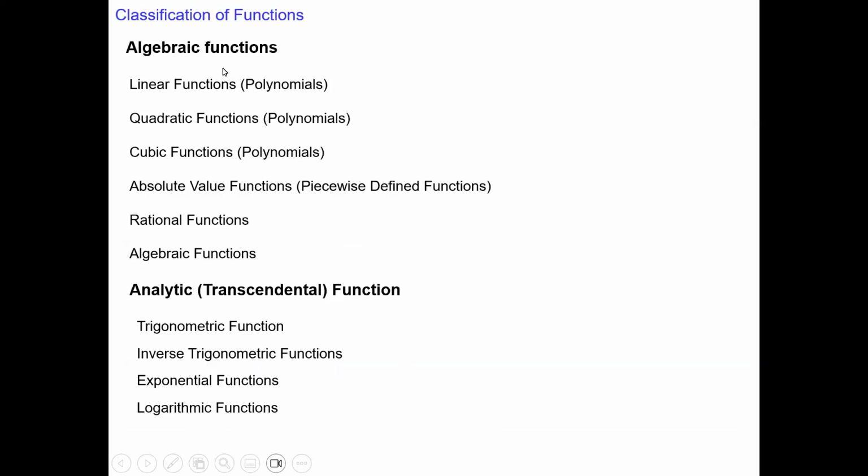Algebraic functions are like polynomials, for instance: the easiest ones, linear, quadratic, cubic, and we can even increase the degree. Also absolute value, piecewise defined functions, irrational functions, and in general ratios of any functions, for instance ratios of root functions.